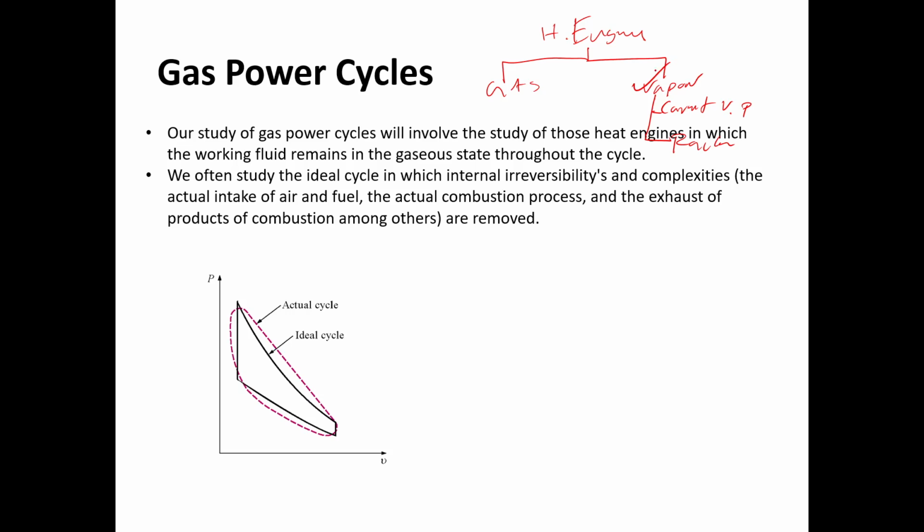This part is covered. But today's plan is to discuss the Carnot cycle and then the Otto cycle. Then we have another one, the diesel cycle. Okay, so that's what we're going to do.